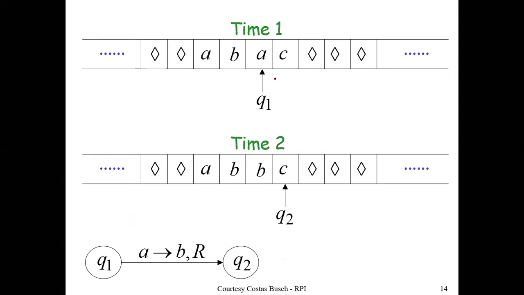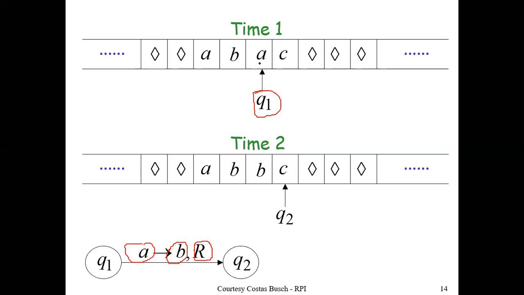Similarly, at time 1, you will read A, your cursor is on A, and your current state is Q1. After reading A, your transition says when you read A, you need to write B at that place, and after writing, you will move to the right side of the tape.